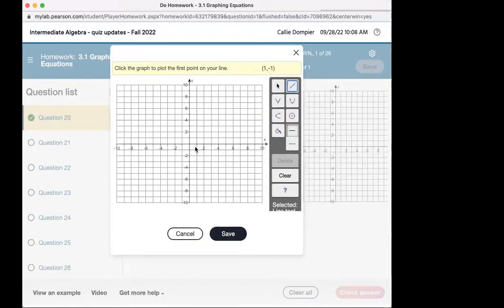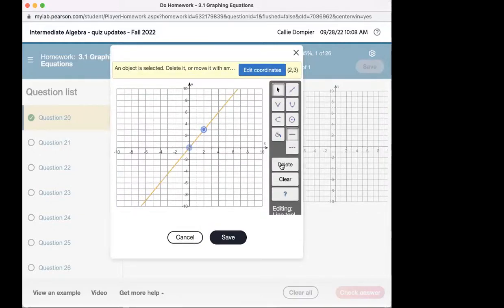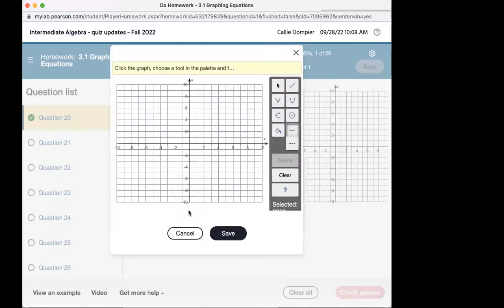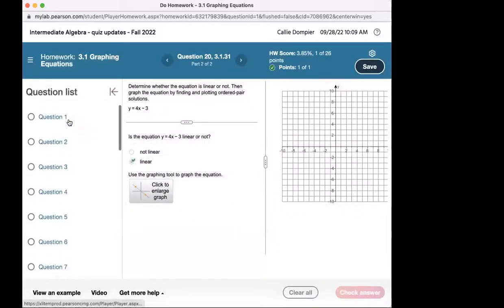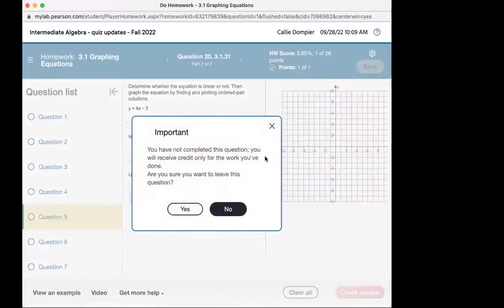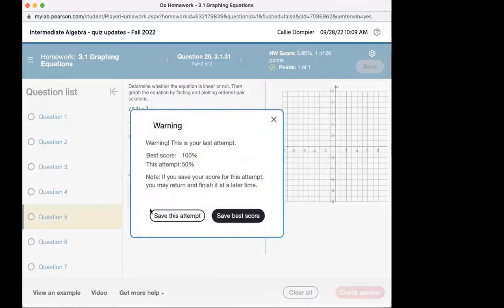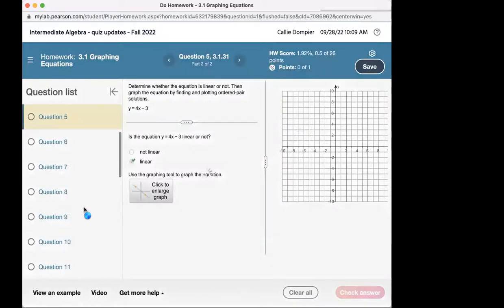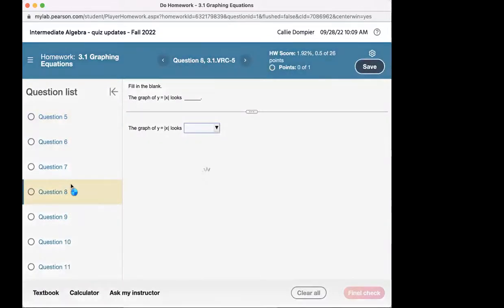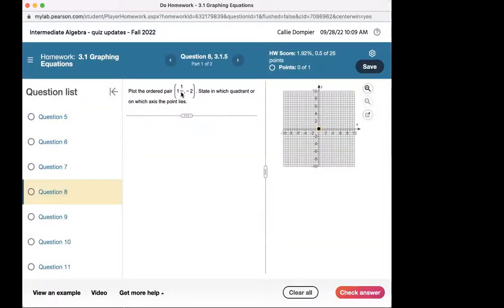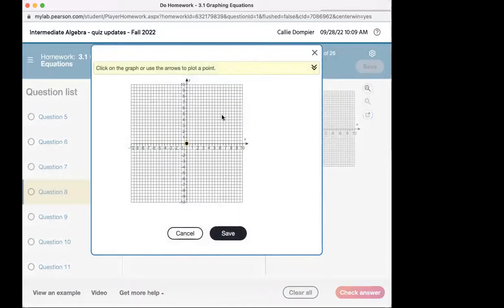So if you liked part of your line, you can select that object and just hit delete. Oh, it deletes the whole thing. All right, so clear or delete if you need to start over. Good. Again, at the beginning, they just asked you to plot points. 1.5, -2. I think it helps to expand this.